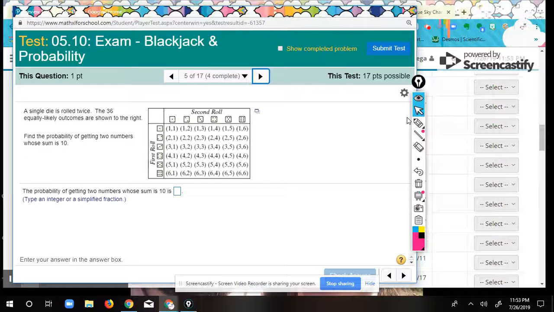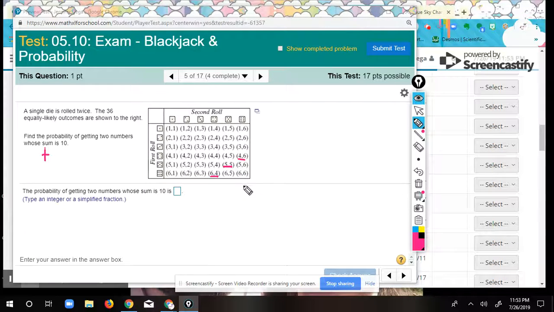Okay, this is a single die rolled twice. The 36 equally likely outcomes are shown to the right. The parentheses stand for, like, getting a 1 the first time you rolled it and a 1 the second time. We want to find the probability of getting 2 numbers whose sum, because sum means adding, is 10. So 5 plus 5 is 10, and then 6 plus 4 and 4 plus 6.